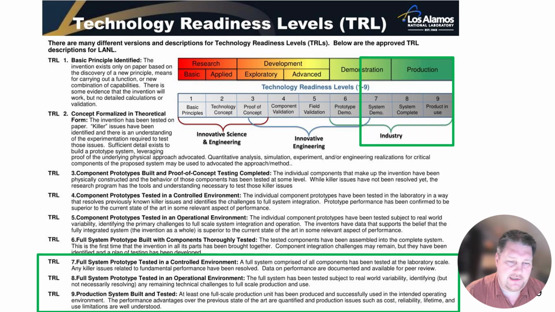Coming back to the TRL levels, the technology readiness levels, it's important that your project is a technically mature project, and at the same time innovative. So that means your project should have a TRL score between 7 and 9, as you can see here in the green box.